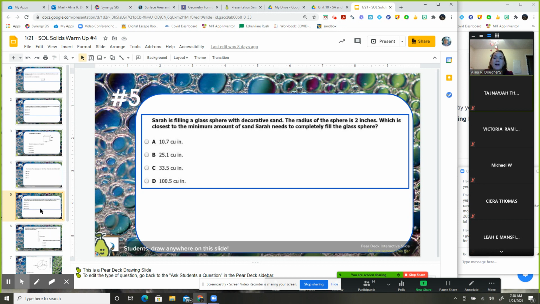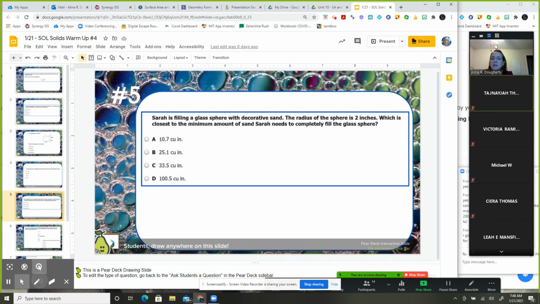Sarah's filling a glass sphere. If I'm talking about filling something, is that volume or surface area? Volume. The radius of the sphere is 2. What is the closest to the minimum amount of sand Sarah needs to completely fill that glass sphere?